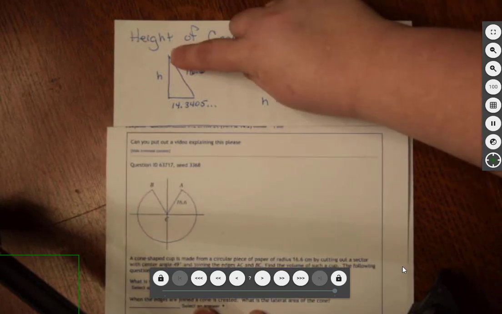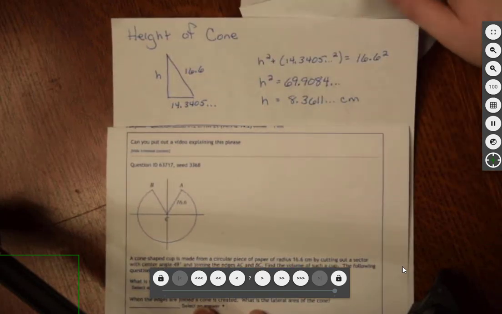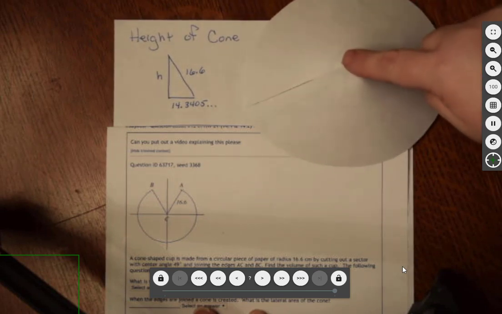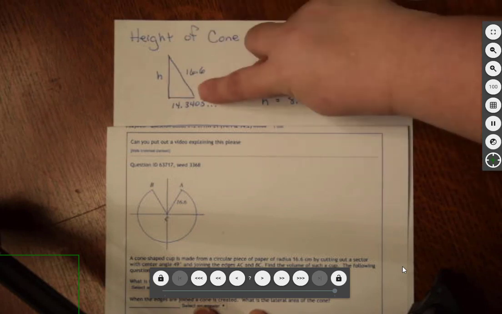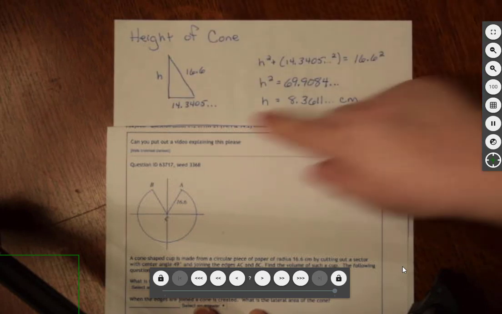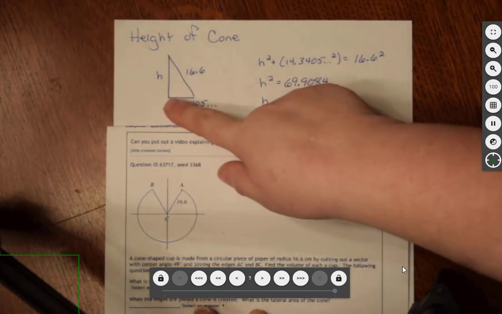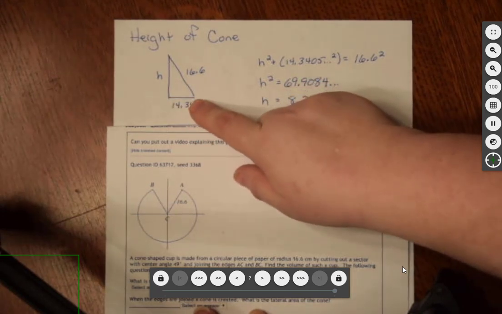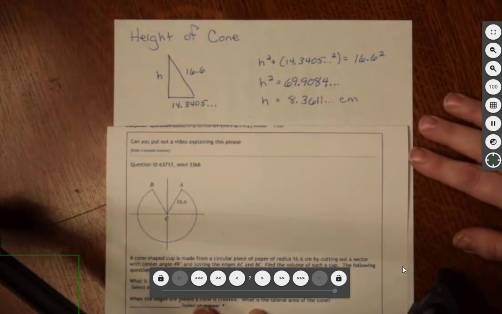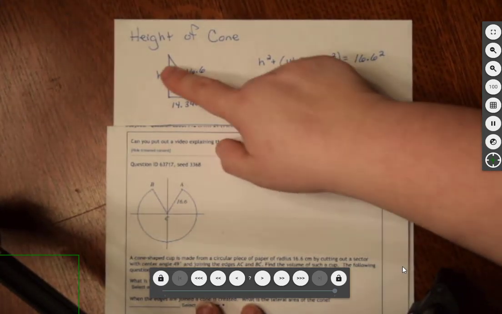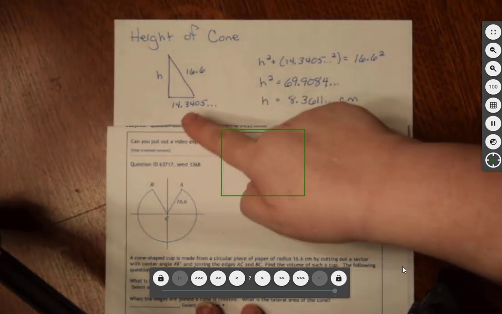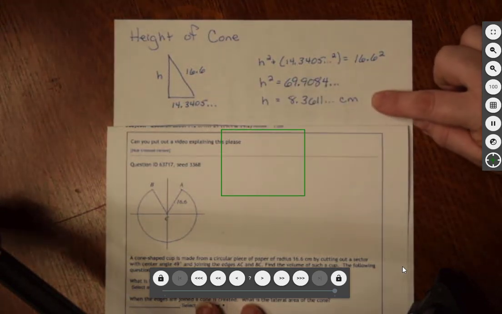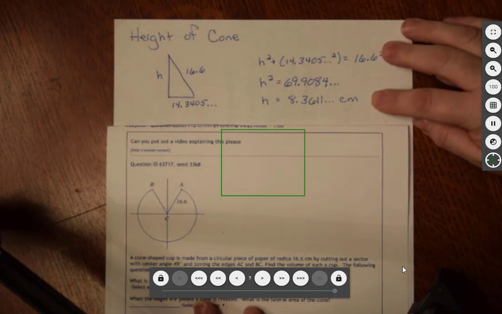This would be the line from the top point of the cone straight down, and then this would be the slant height. And then this is the radius from the center of the base to the circle. So we have a right triangle, so we can use the Pythagorean theorem, a squared plus b squared is equal to c squared. Solve, and we find the height is 8.3611 and so on centimeters.